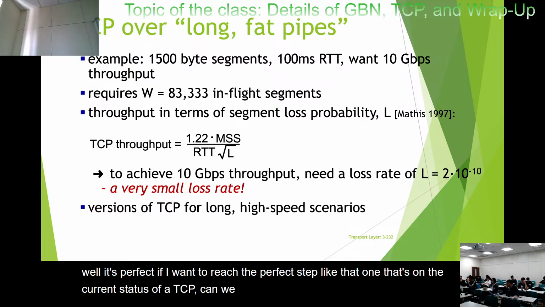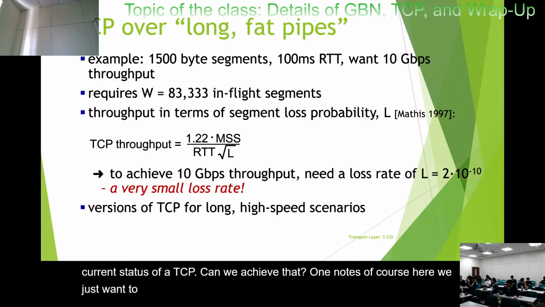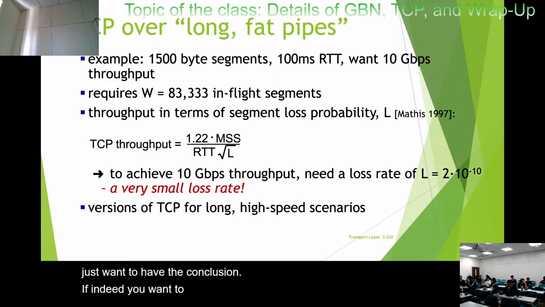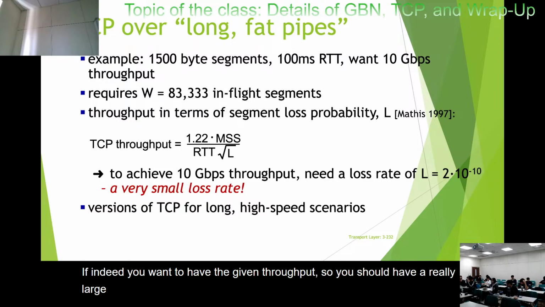Of course, here we just want to have the conclusion. If indeed you want the given throughput, you should have a really large window size and a really low loss rate. So a new version of TCP is required.